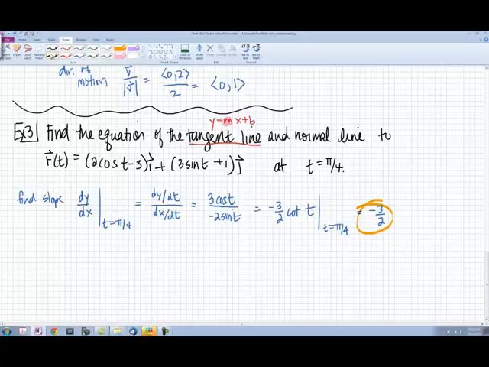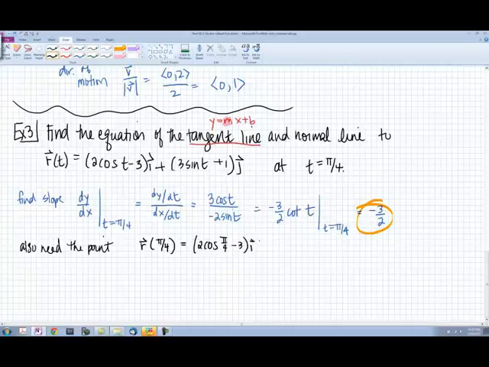So I need to find the point, and this is going to occur when our vector r is at time t equals pi over 4. So let's plug that in. 2 cosine pi over 4 minus 3 times vector i, 3 sine pi over 4 plus 1 times vector j. So cosine pi over 4 is radical 2 over 2. So I get radical 2 minus 3 times vector i.